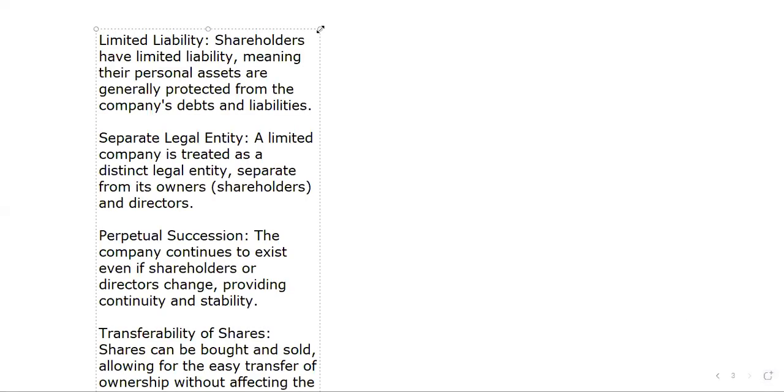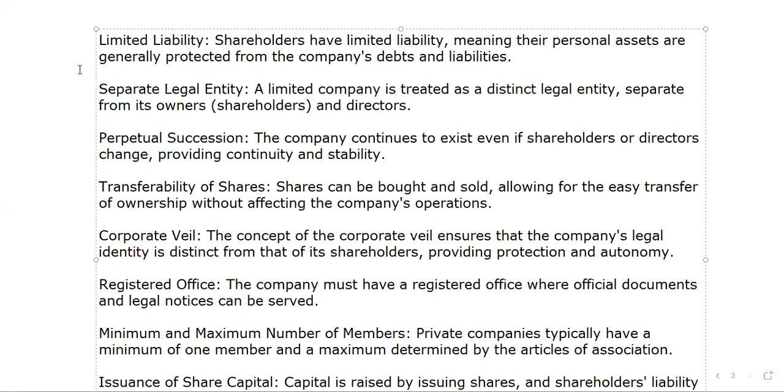To have limited liability simply means that the shareholders who are the owners of the business have their personal assets protected from the company's debts, because the debts of the company are only limited to the shares. What you put in a company is what you pay off from the debtors. You cannot go into your private property to pay your debt. So that is a distinctive feature of a limited liability.